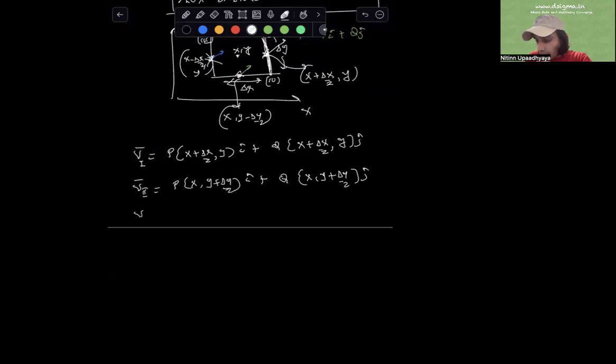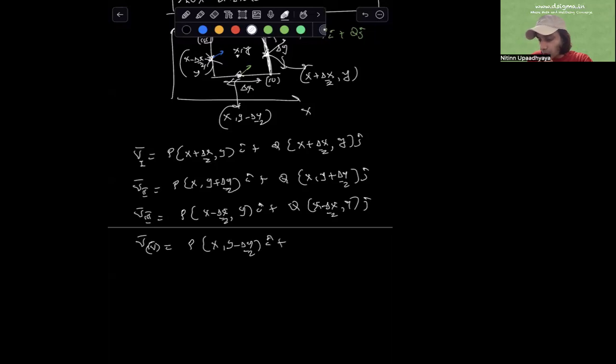The velocity field along segment 3 would be P(x minus del x by 2, y) along the i direction plus Q(x minus del x by 2, y) along the j direction. And the velocity field at the midpoint of segment 4 would be P(x, y minus del y by 2) along i plus Q(x, y minus del y by 2) along j.